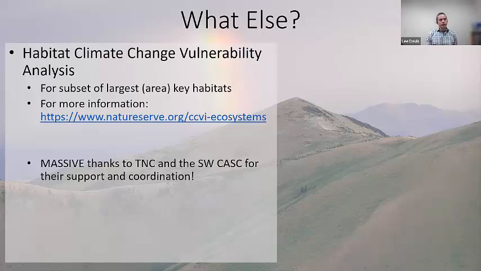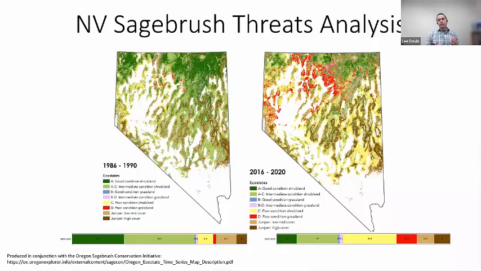I'm going to say we're also using the key habitat output for some of our other products. This is something we just finished in conjunction with the Sagebrush Conservation Initiative. It's Rangeland Analysis Platform data, but it shows relative abundance of cover between functional groups like shrubs, perennial grasses, annual grasses, and forbs.